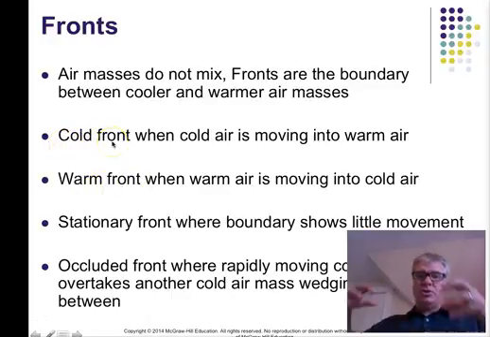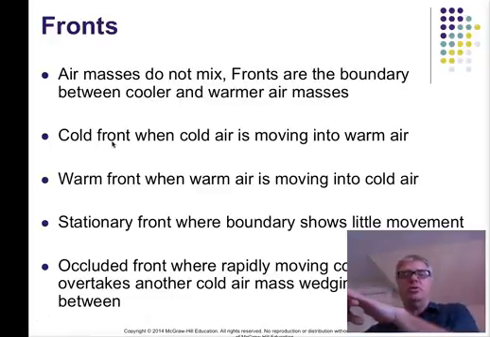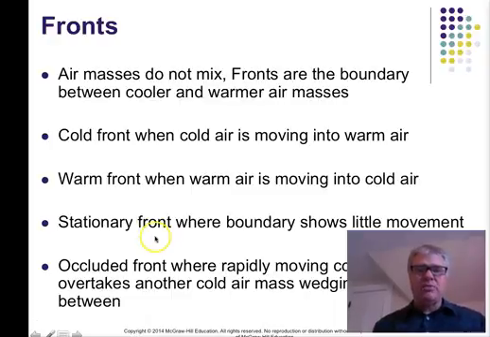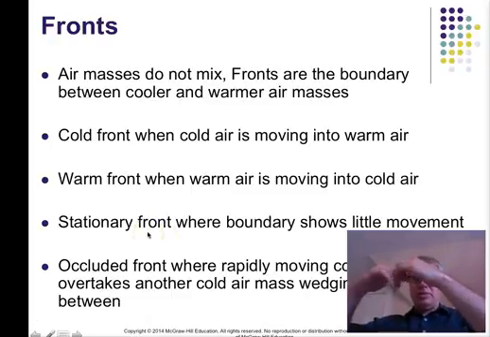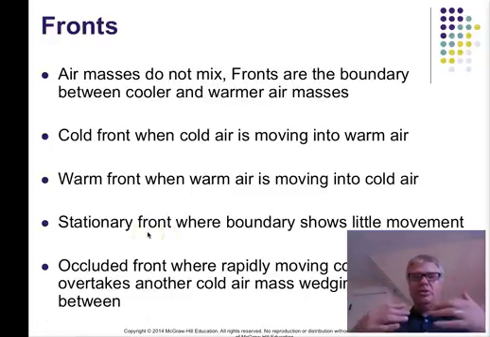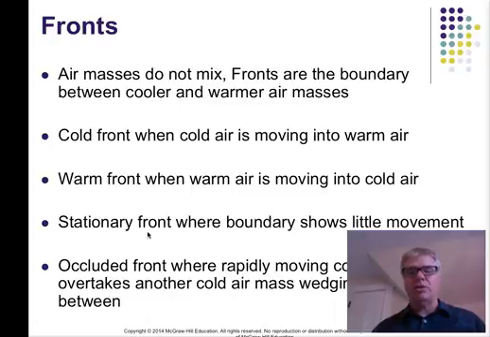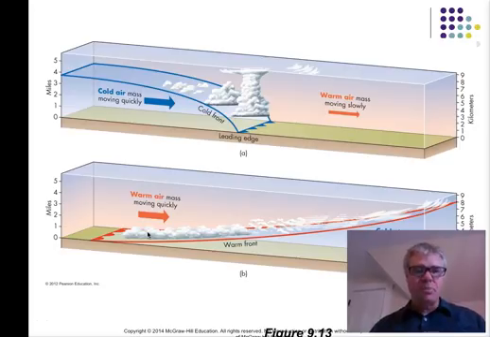A cold front is when cold air is moving into warm air. A warm front is when warm air is moving into cold air. A stationary front is when they're basically moving side by side next to each other, and occluded has to do with when it gets a little more complex. You're not responsible for having to know about occluded fronts, but there is some discussion in the textbook about it. So here's our general diagram.